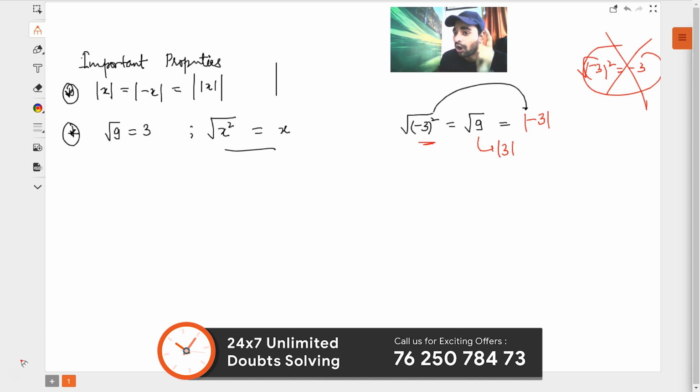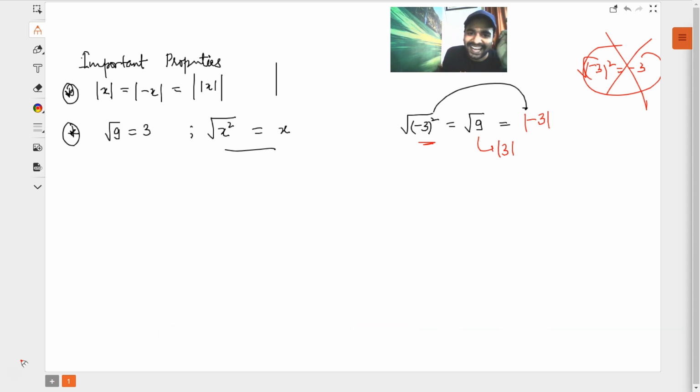This is wrong, guys. Minus 3 ka square is 9, and under root of any positive number always comes out to be positive. That's why I'll put a modulus sign whenever I take anything out of under root. We will be using this property in so many problems, guys.